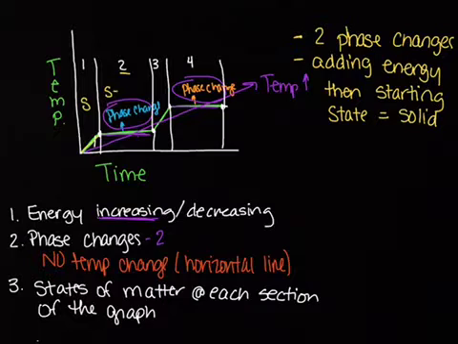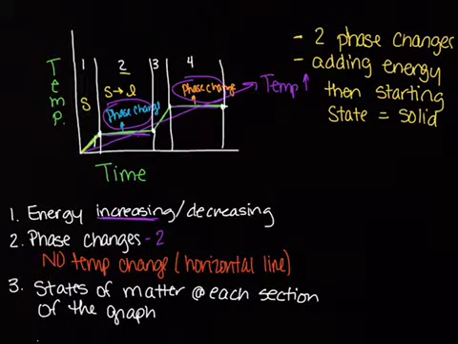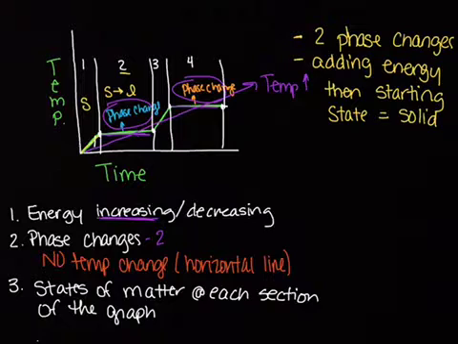In section 2, we have a phase change. So our solid is turning into something. And so logically, usually it goes solid to a liquid. We won't deal with any phase change graphs that deal with deposition or sublimation.